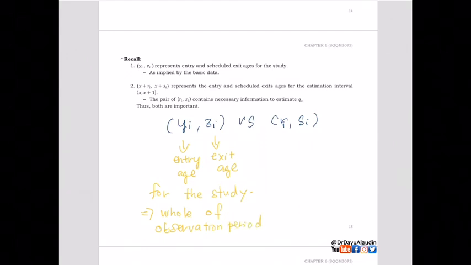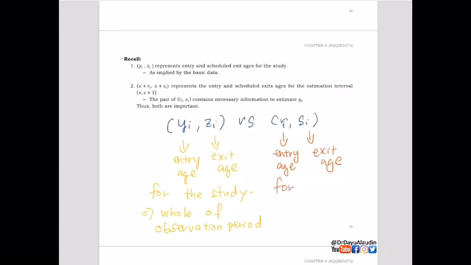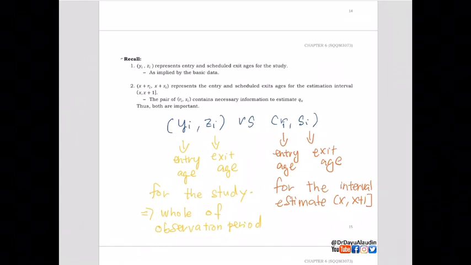However, Ri and Si are also the entry and exit age, but this time only for the interval estimate x and x plus 1, x to x plus 1.